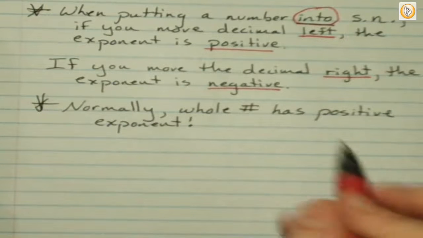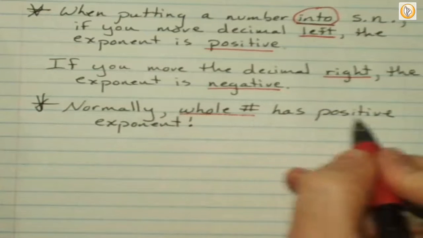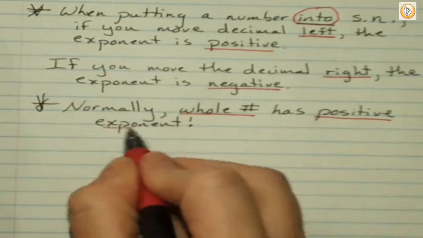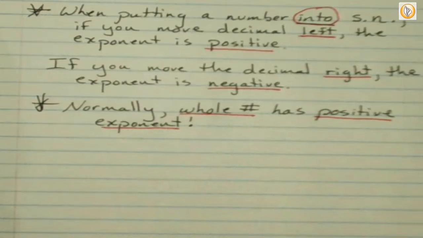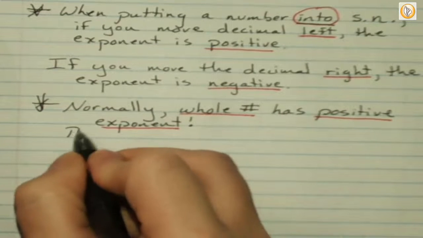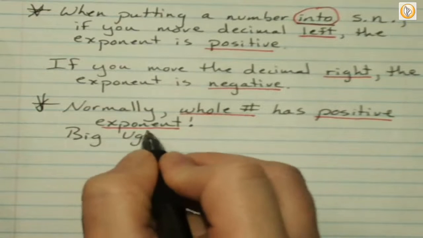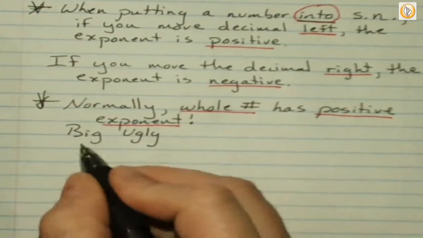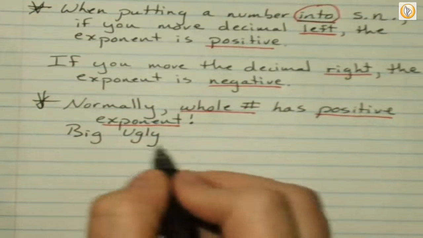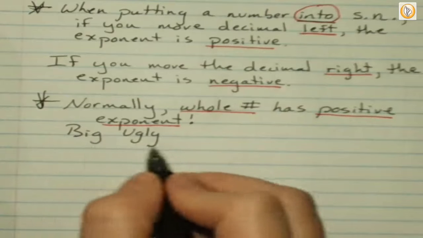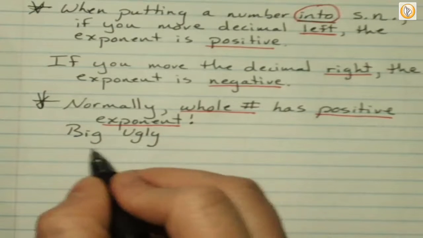So normally, whole number has positive exponent. Big, ugly, it's just like intruder alert. It's capitalized because I've invented it. It's a formal name.